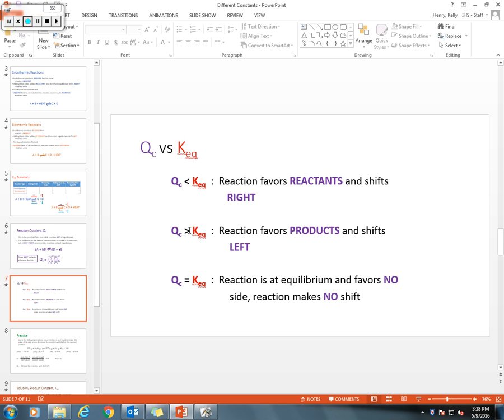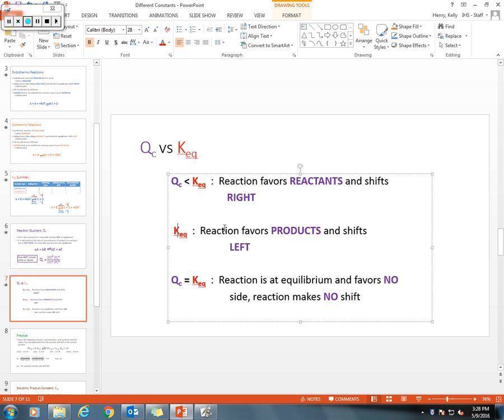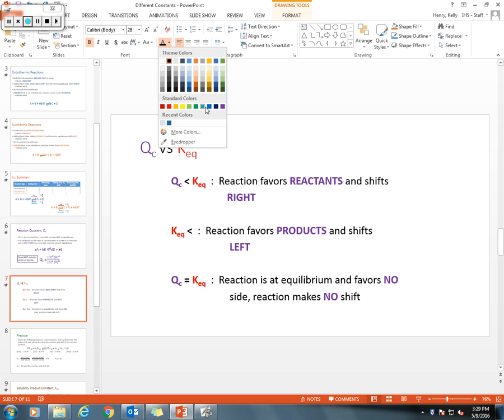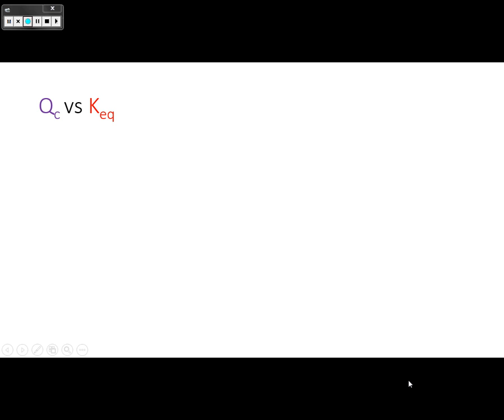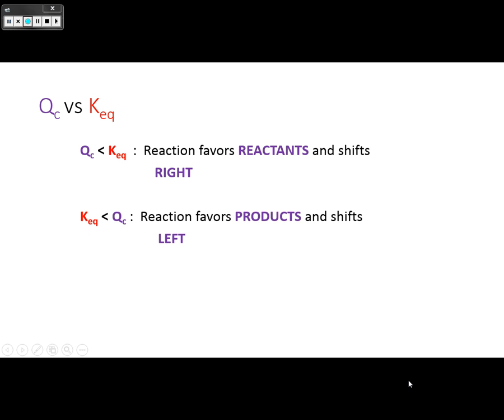So I actually want to write this a little differently, because I think it's important that you see my little cheat here. This is the hardest part to remember, the shifting.